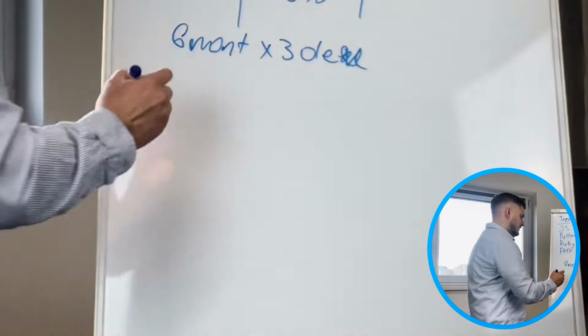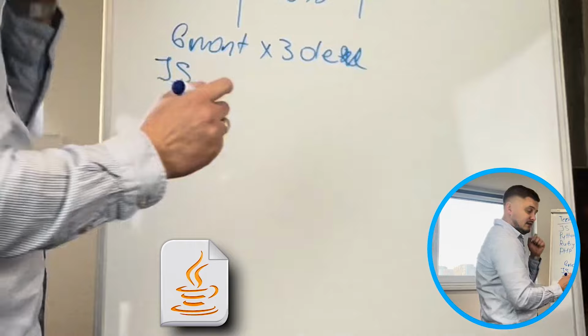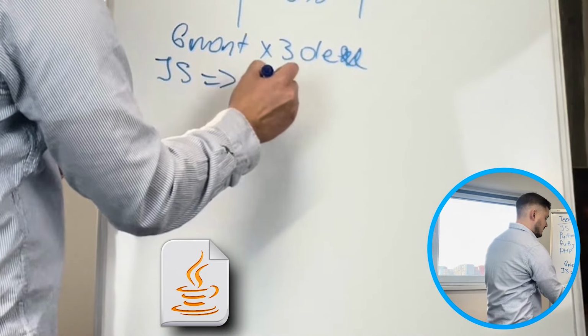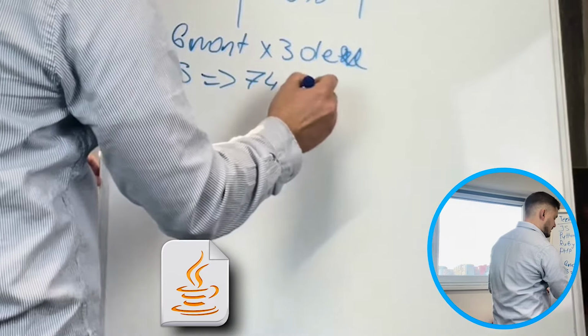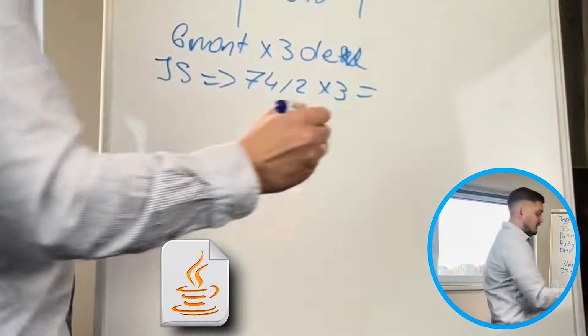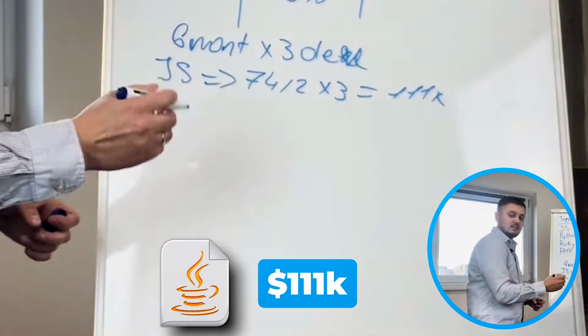So let's start with JavaScript, right? So the JS project will cost us 74 divided by 2, which is 6 months, and multiply by 3, and the price will be 111,000 to actually implement it.